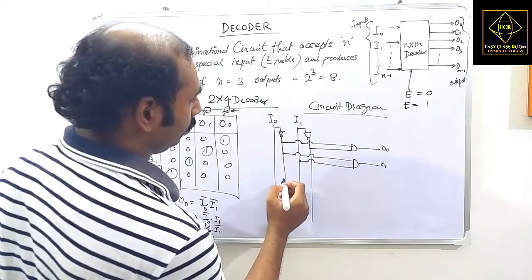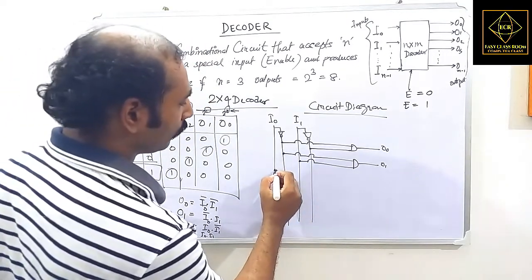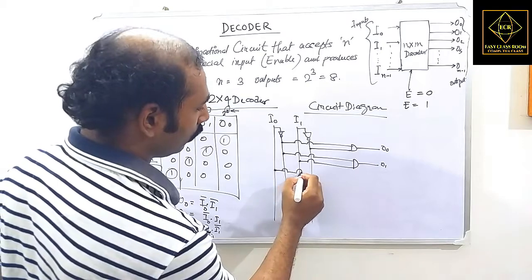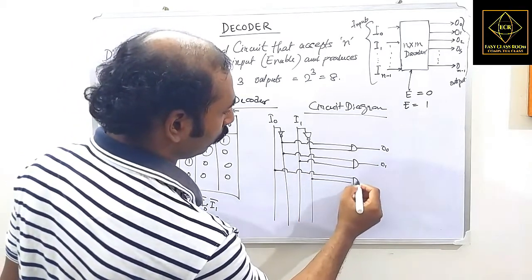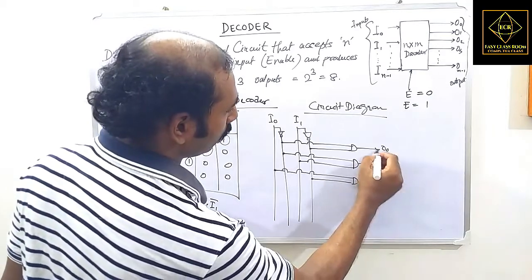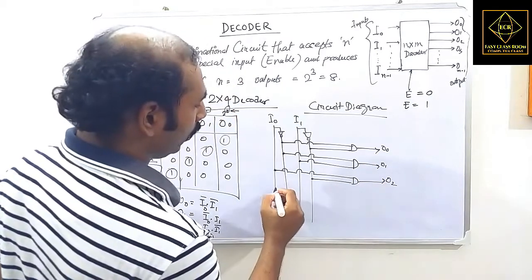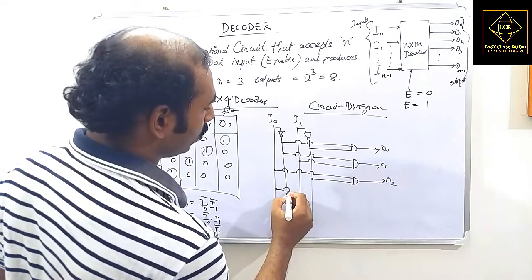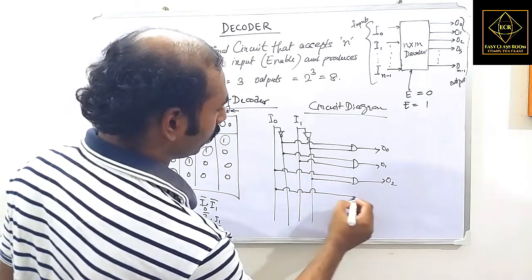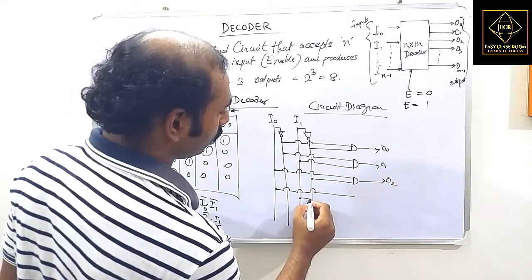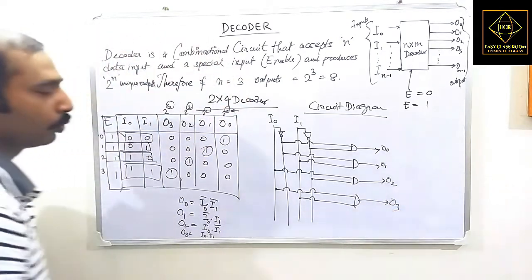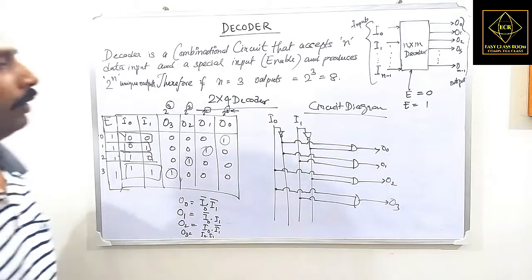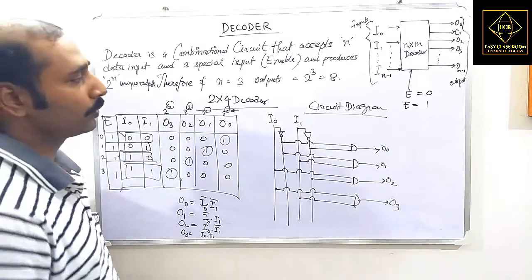For this we have this, and for O3 we have this. So this is how the circuit diagram for the 2x4 decoder works.